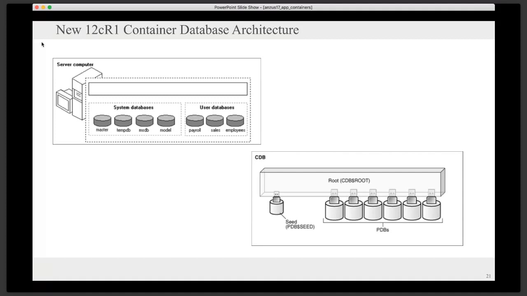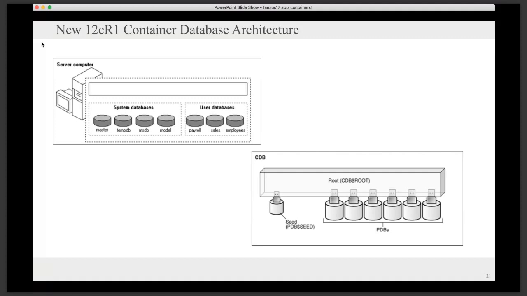The model database corresponds roughly to what we will refer to as a seed, whether it's an application seed or PDB seed. And the user databases within a SQL Server database map to the individual pluggable databases.